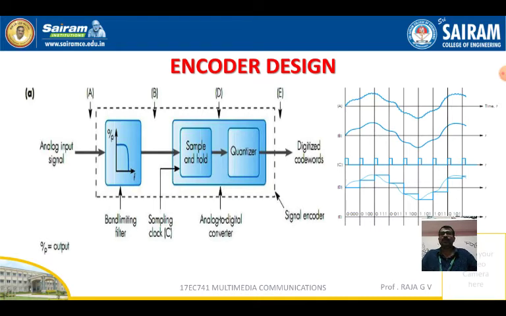Sampling follows the Nyquist sampling theorem. To obtain an accurate representation of a time varying analog signal, the amplitude must be sampled at a minimum rate equal to or greater than twice the highest sinusoidal frequency component, that is fs is equal to 2f. That is called the Nyquist rate.